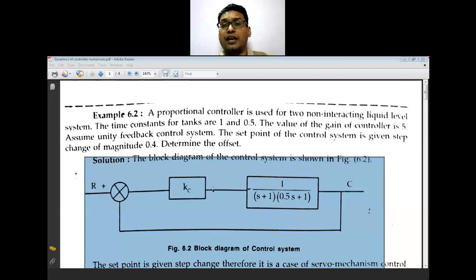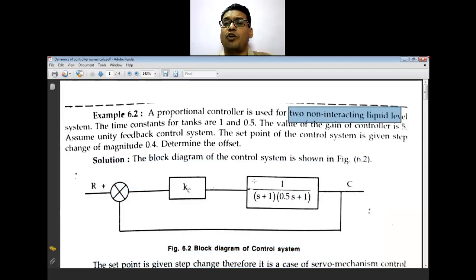So what is there? A proportional controller, so I can draw the Gc, the proportional controller. Then the transfer function for the two non-interacting liquid level systems: 1 upon 1 plus tau 1 s is the transfer function for the first system, and 1 upon 1 plus tau 2 s is the transfer function for the second system, the second tank. As these tanks are non-interacting, the time constants are given as 1 and 0.5.